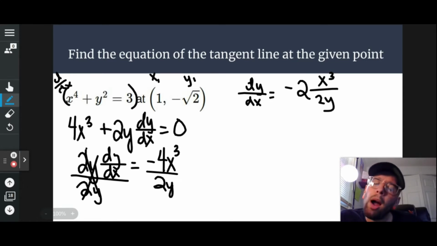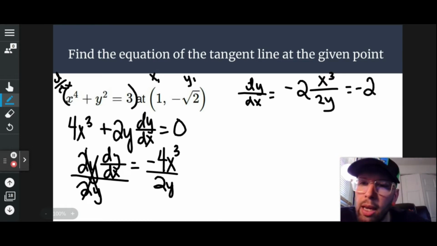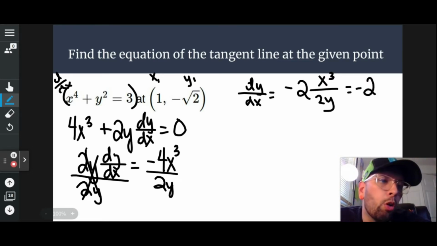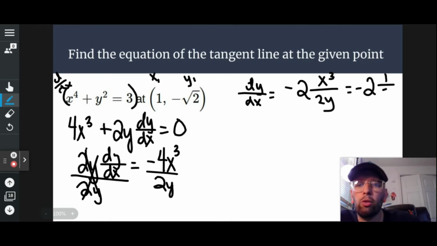Why the negative square root of 2? Why? Negative 2 times x cubed. What's x? 1. So 1 over 2. Oh, why did I have that 2 there? That 2 should be gone. My fault.